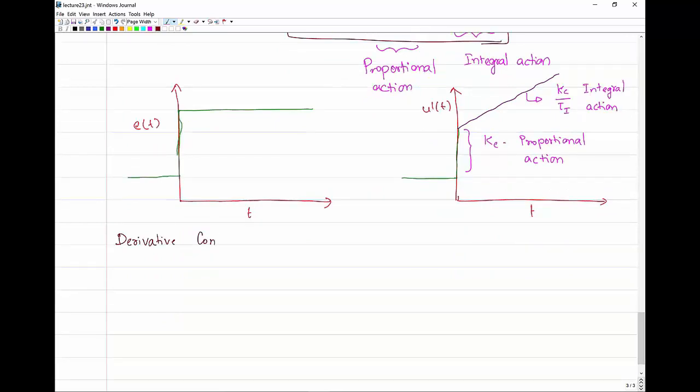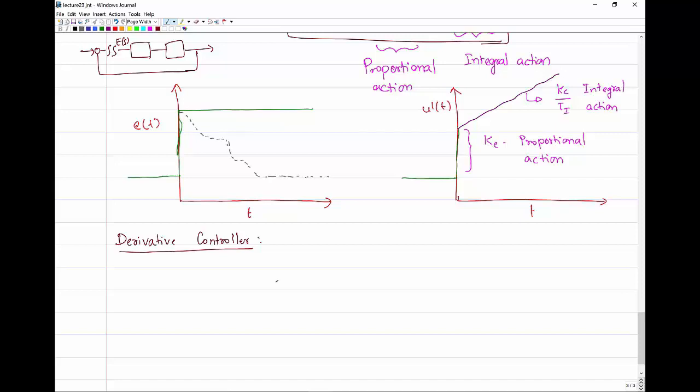Now, proportional action in some way represents the present because it's proportional to the current control error. The integral action is proportional to the past of the control error, therefore it represents the past. But it turns out that one can also use the future of the control error to determine how the input to your process is going to be changed.